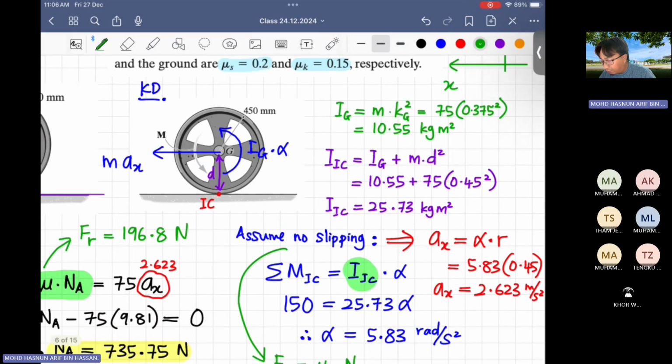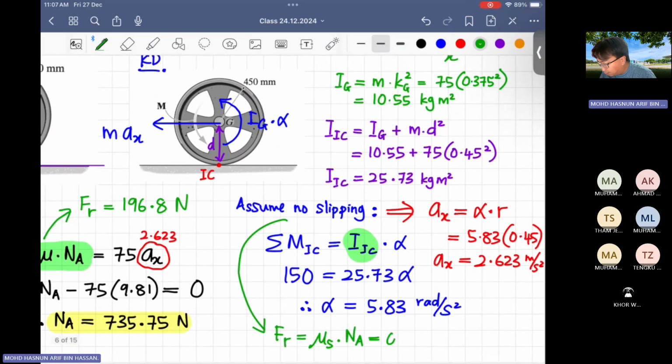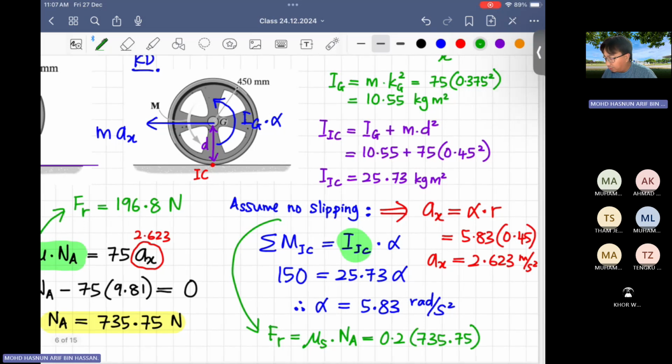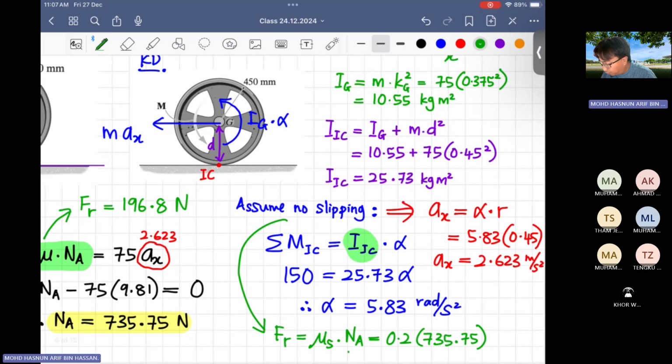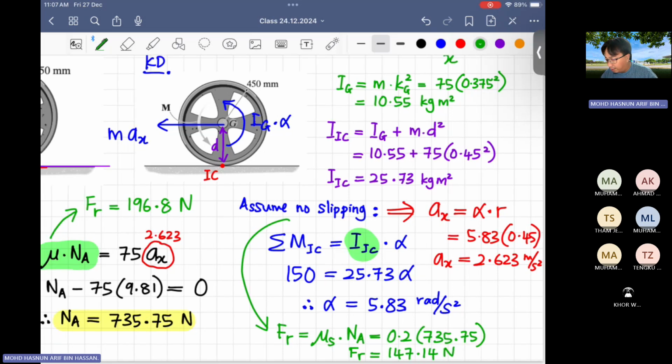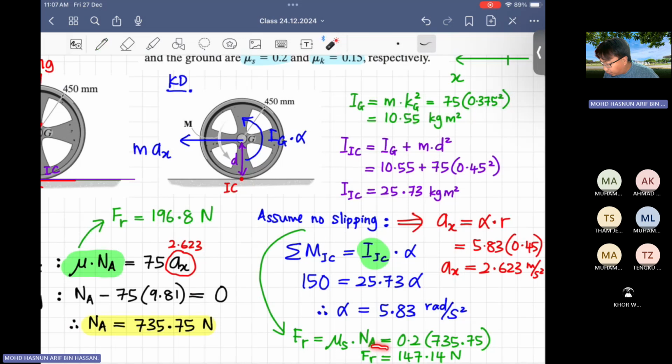So mu s here is given as 0.2, and Na is 735.75, which will give you friction is equal to, what will be the value of friction here? 147.14 Newton.